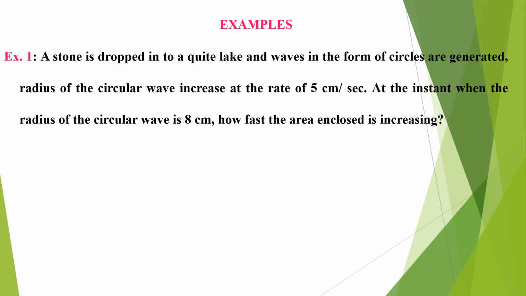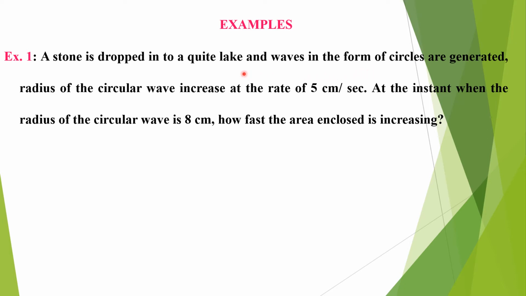Examples. Example 1. A stone is dropped into a quiet lake and waves in the form of circles are generated. The radius of the circular wave increases at the rate of 5 cm per second. At the instant when the radius of the circular wave is 8 cm, how fast is the area enclosed increasing? Here a stone is dropped into a quiet lake, and circles are generated.